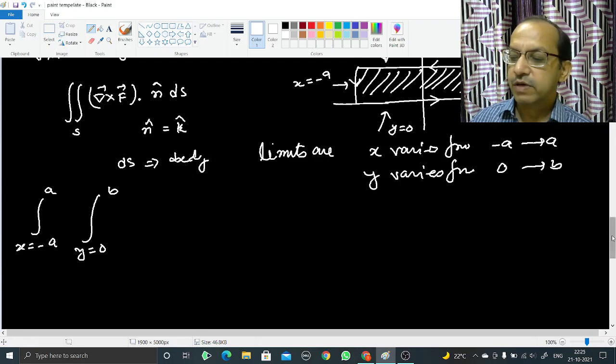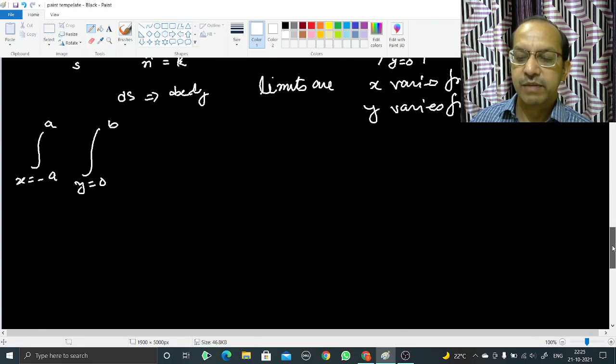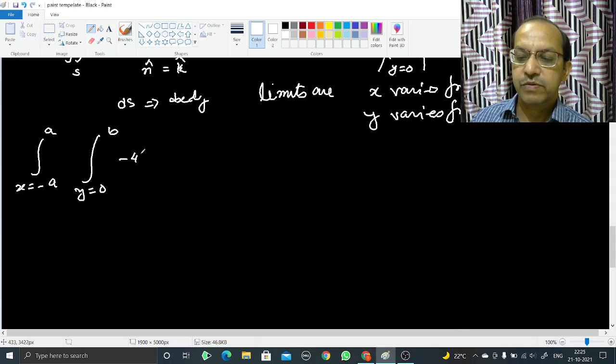What was curl of f? Curl of f was minus 4y k cap. So it will be minus 4y k cap dot k cap dy dx. So first we will have to evaluate only this integral and then the rest.